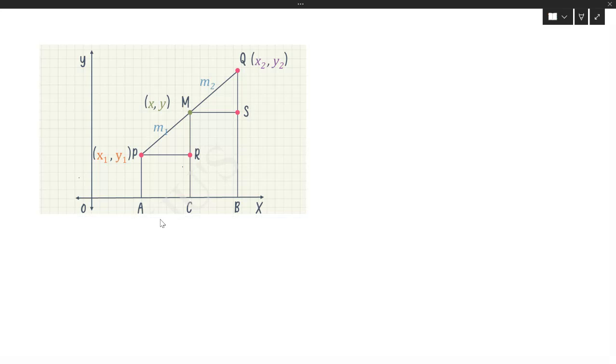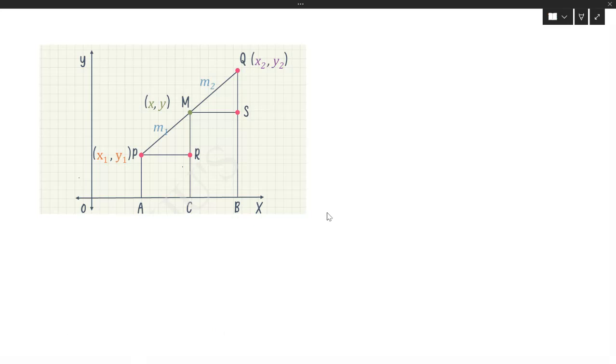What we have to find is x and y, the midpoint of x and y separately. No, no, this is not the section formula. Yes, we were finding the section formula here.